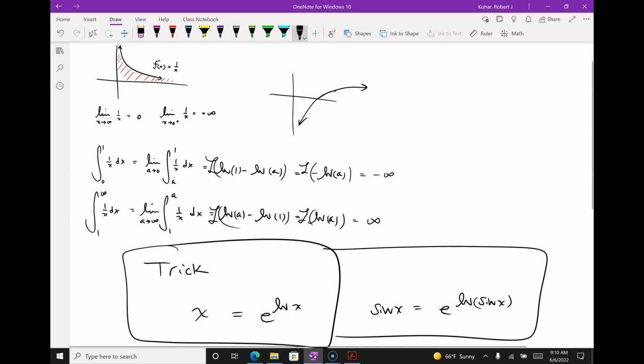Okay, so any base I can write as e to the ln of that base. And you'll see where this trick comes into play in a minute. Let me just find my improper integrals.